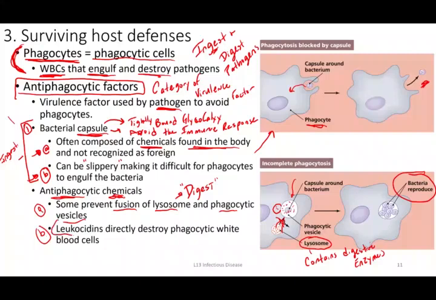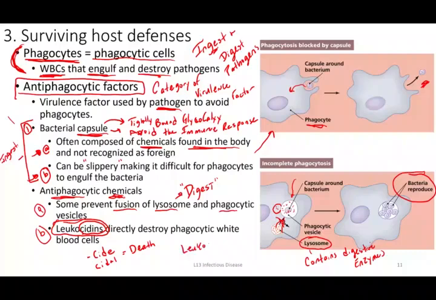This one is a little more severe. So leukocidins, hopefully you notice that ending right there, we've seen before. So when you see that ending side or cidal, you should start thinking of death. And so leuko relates to leukocytes or white blood cells.